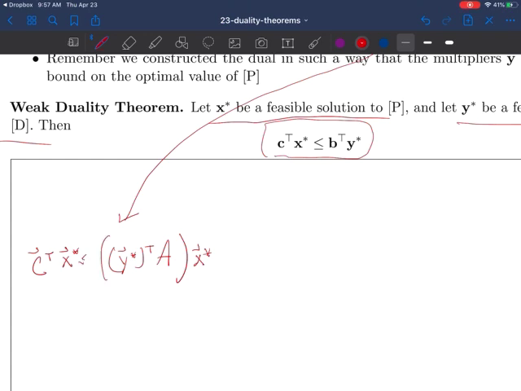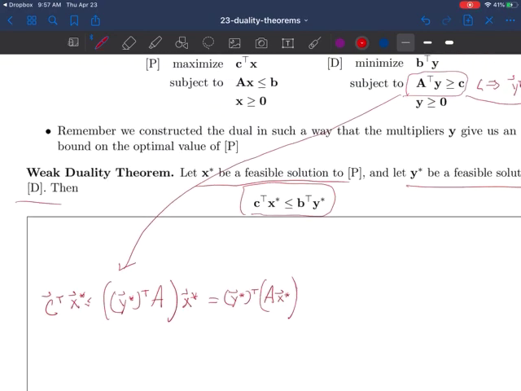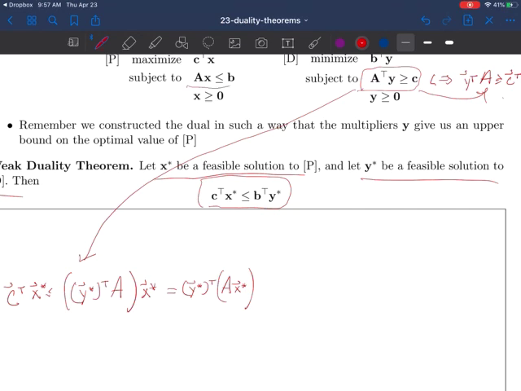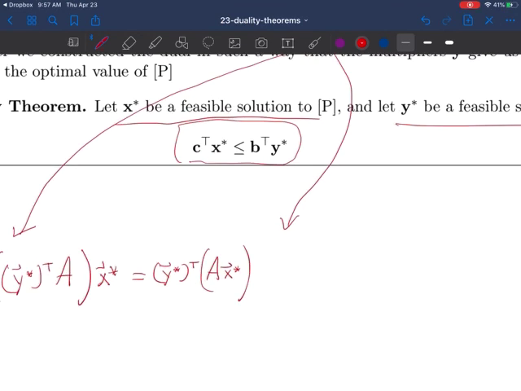Okay. Let me just write this a little neater here. Well, now I can use associativity. This is equal to y star transpose times A x star.